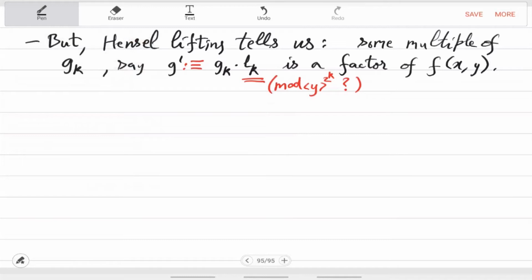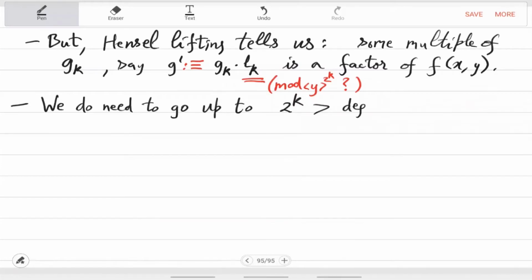Let's remember that bound. We do need 2 raised to k to be greater than the degree of f. Also we know that the degree of g prime, which is an actual factor, is between 0 and the degree of f, since it is a non-trivial factor that we are looking for with respect to x.